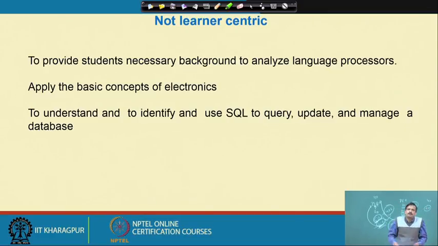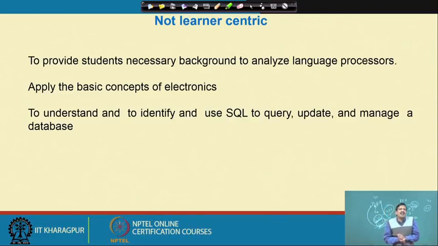Basic concept: I know what I mean by basic, but a learner does not know the meaning of basic. Also, instead of "apply the basic concept of electronics," again it is not an application level. So, apply the basic concept of electronics is not a course outcome.